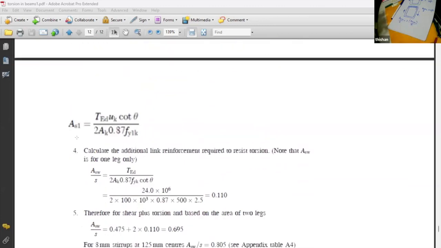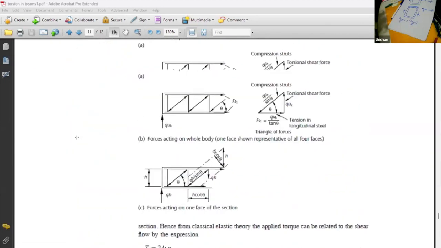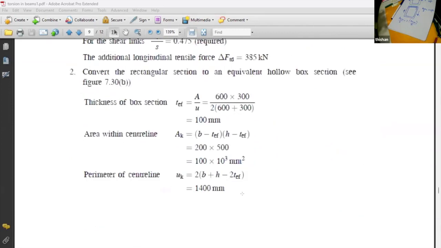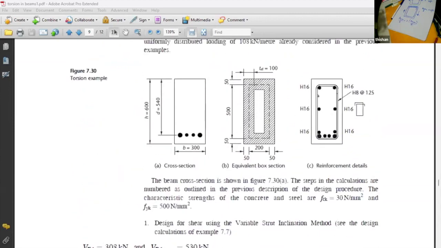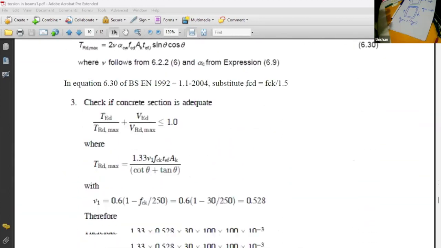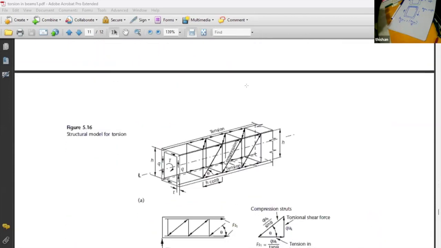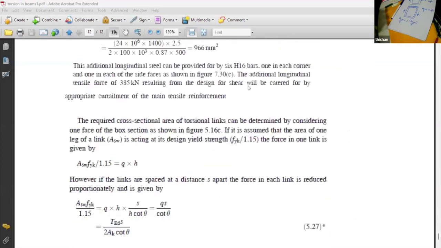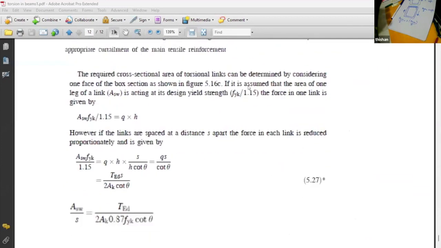And UK is, can you remember UK? UK means 1400. And UK means addition of this length, perimeter, center line perimeter. On the center line, right? So you get 1400 divided by 8. This also should be checked.